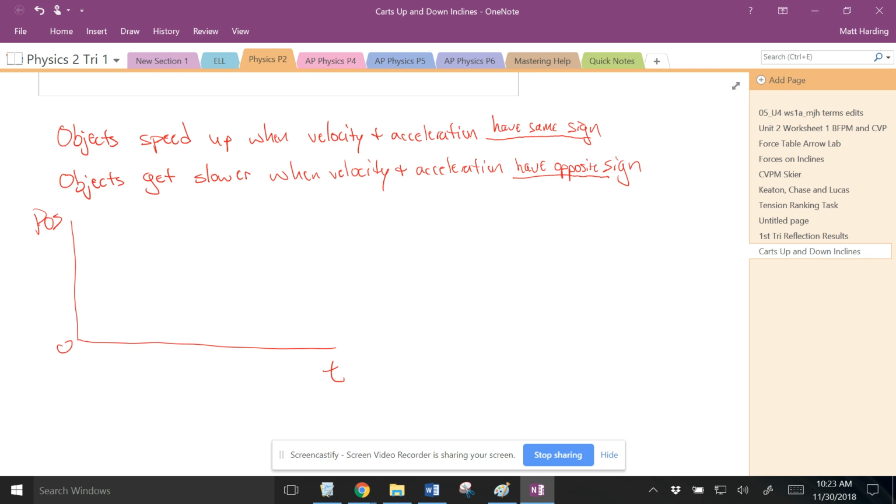Its greatest position is going to be when it's at the top of the ramp here, farthest away from the detector. That's going to happen in the middle.